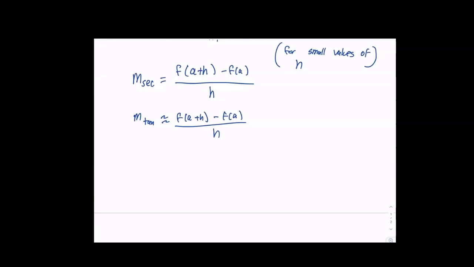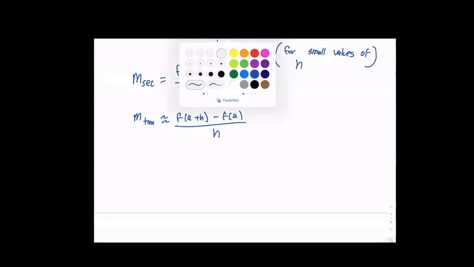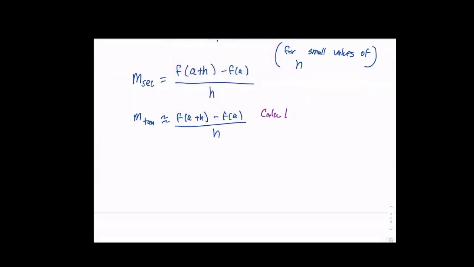Continuing. Tangent line, approximated by here. Your calculator uses h equals 0.001 to approximate. In other words, the slope of the tangent is approximately f of a plus 0.001 minus f of a over 0.001.